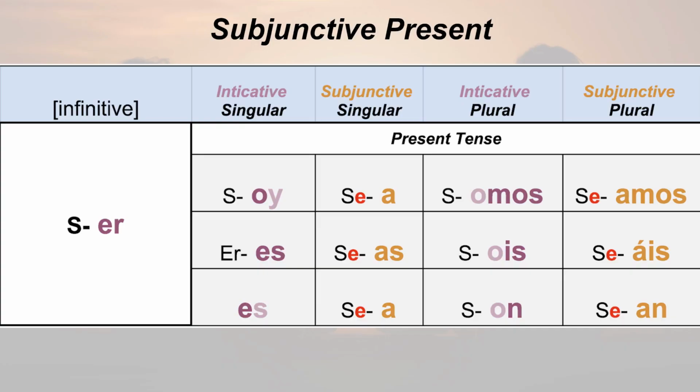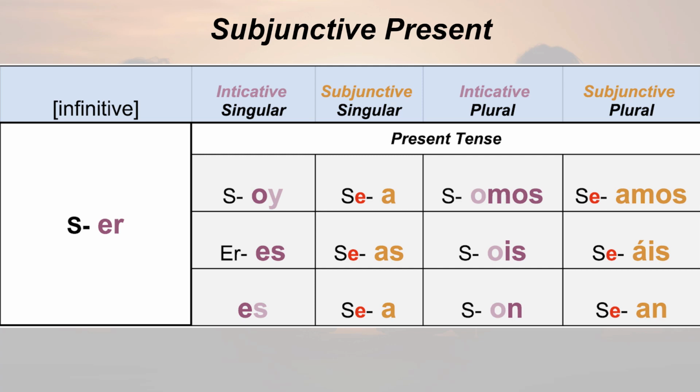Here's a comparison of the indicative form and subjunctive form of the verb ser. First person singular, yo, will be soy or sea. Second person singular, tú, will be eres or seas. Third person singular, él, ella, usted, will be es or sea.